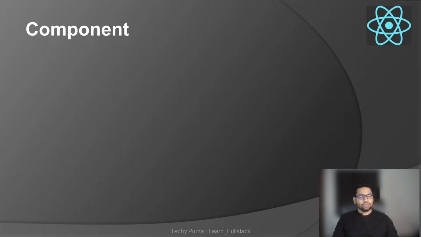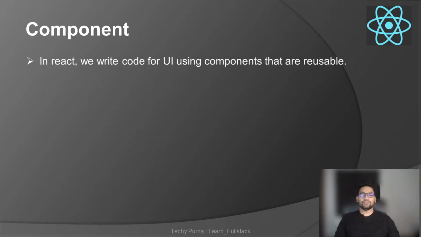Component. As we already discussed in our previous session, React is all about components, guys. Anything we write in React is a reusable component, and that is the reason React is so famous, right?